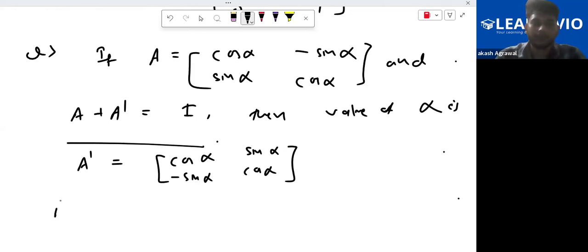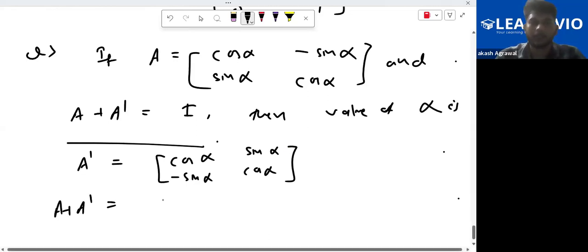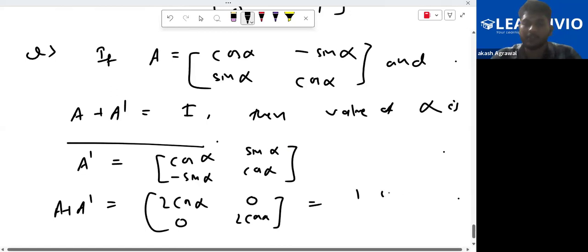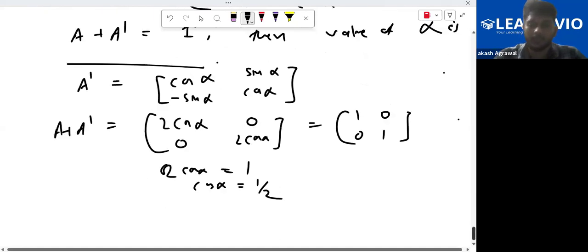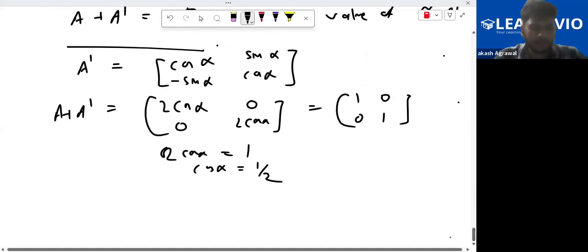So if we add them up, A plus A transpose will be 2 cos alpha, 0, 0, and 2 cos alpha. It is identity, that means 1, 0, 0, 1. So that means 2 cos alpha is 1. So cos alpha is 1 by 2. And the options were pi by 6, pi by 4, pi by 3.